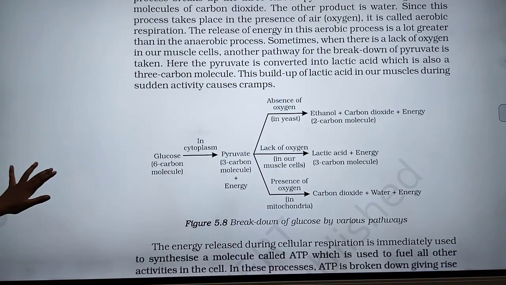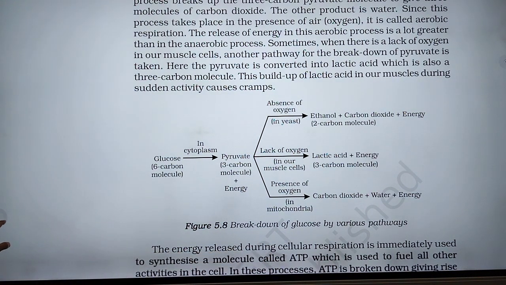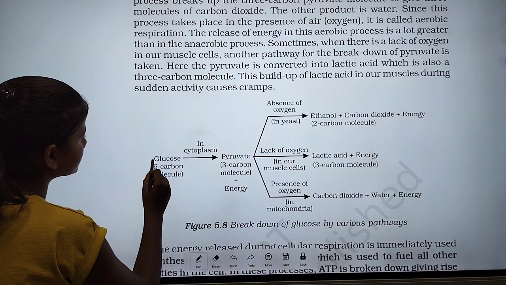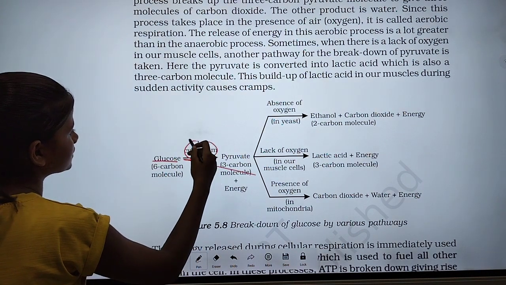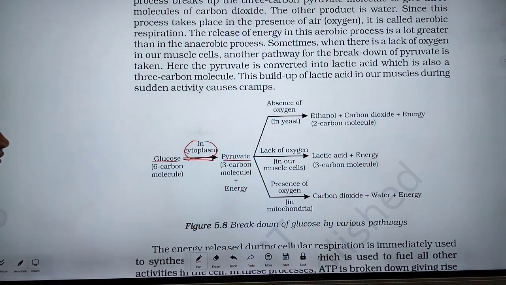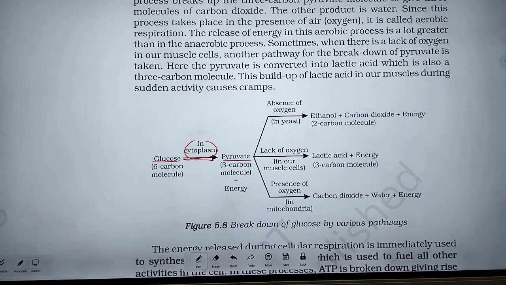This is the breakdown of glucose by various pathways. Glucose, a 6-carbon molecule, in the cytoplasm converts into pyruvate, a 3-carbon molecule, plus energy.